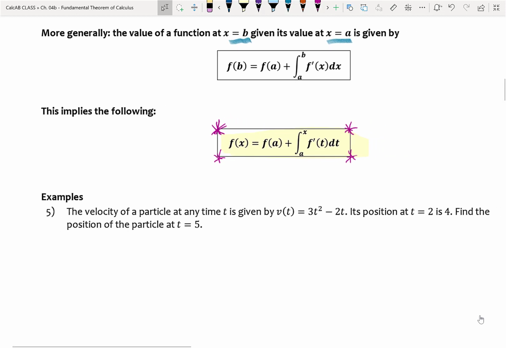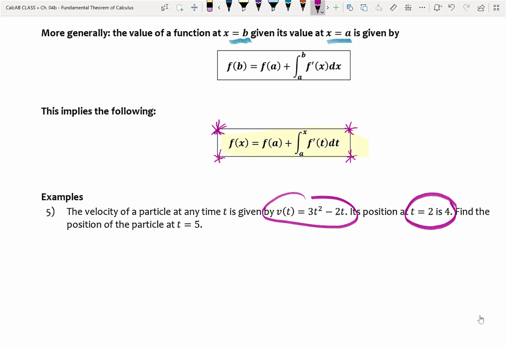So when do we use this and when does this come up? Let's look at number 5. The velocity is given by this. Its position at t equals 2 is this. Now find the position at t equals 5. This is a dead ringer for when you use this, because I know position is the integral of velocity.